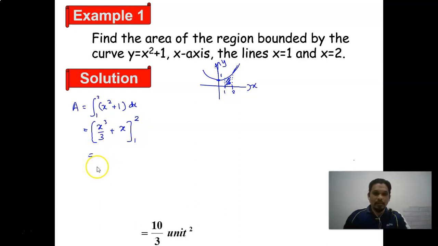Now it's time for us to substitute x with 2 first.